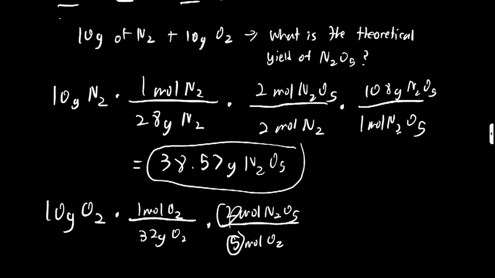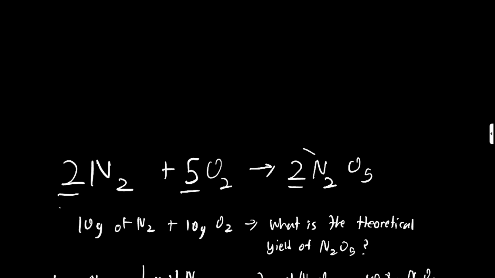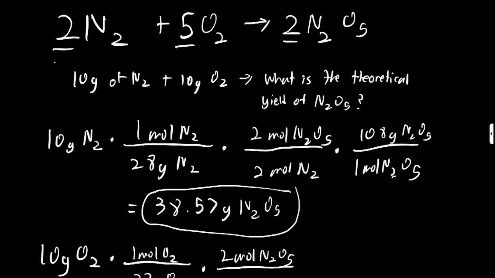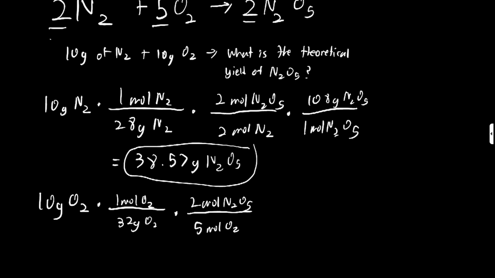And these numbers, 2 and 5, come from the reaction here. Okay? Then we're going to multiply this by 1 mole of N2O5. Now that we're in moles of N2O5, we can convert that to grams, which is 108 grams per mole of N2O5. And then we just simply finish that calculation.